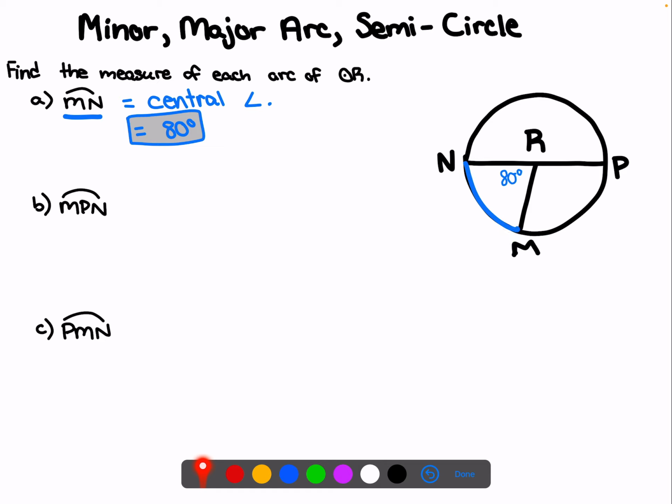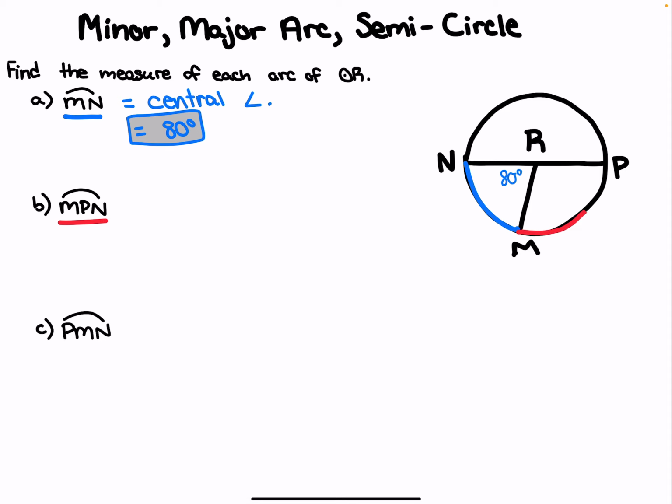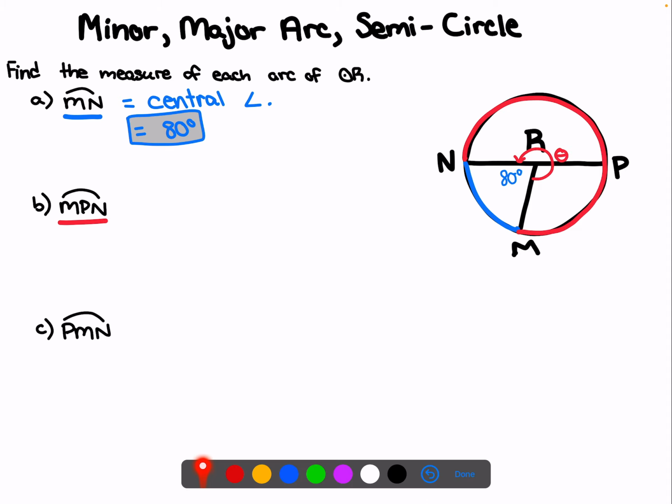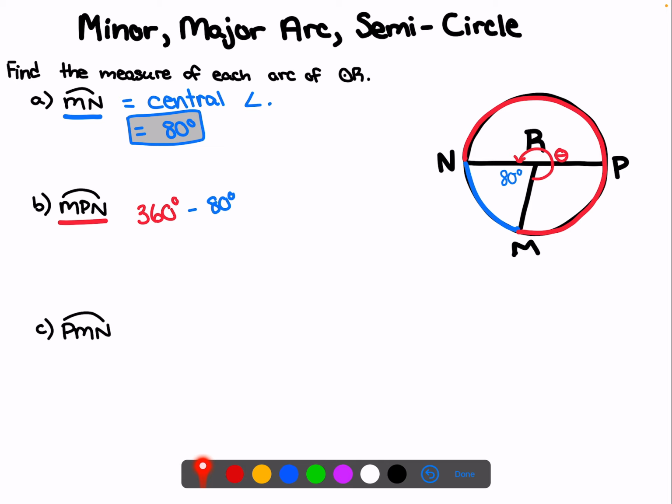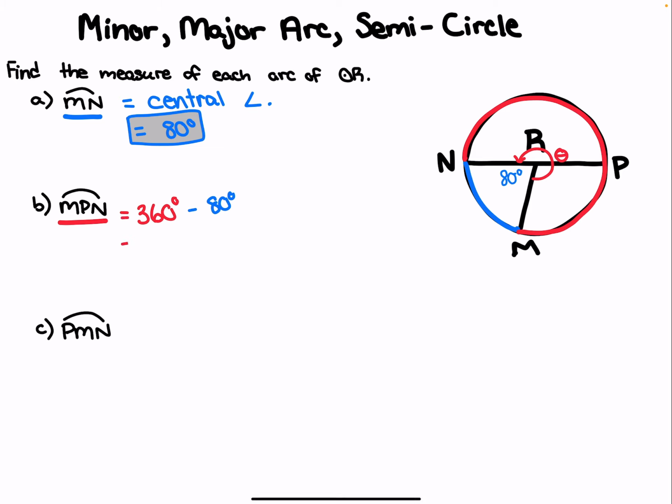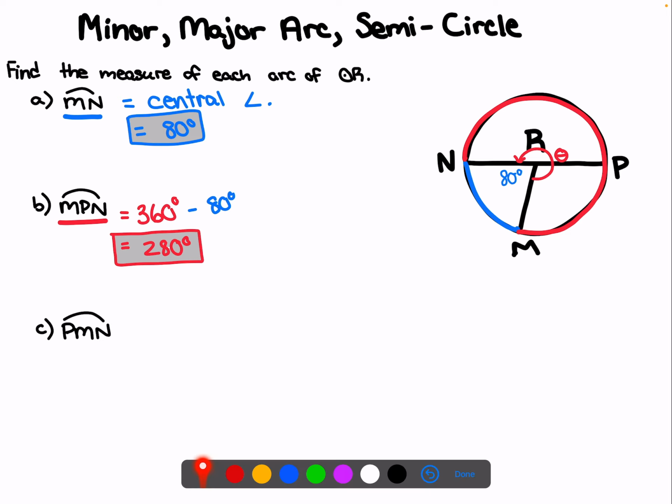So for arc MPN, this red arc, I'll call it theta. I can say that it's a full 360 degrees minus the green 80 degrees that we have. Well, 360 degrees minus 80 degrees will give us, sorry, 280 degrees, my bad.